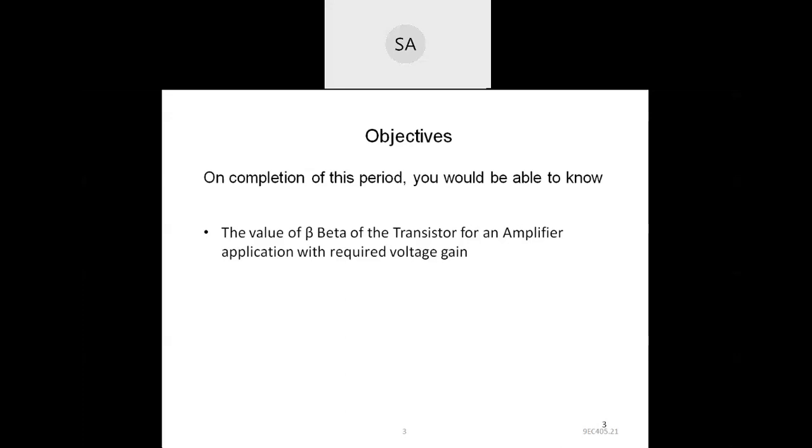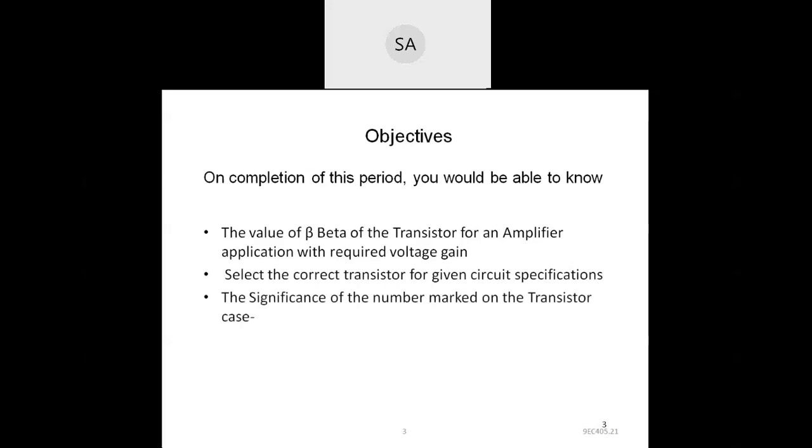Whereas in the common collector current gain, the collector is common to the input and output. So the base is the input junction and the emitter is the output. Here the output current by input current, IE by IB, is gamma. We discussed these three topics in the transistor section, and select the correct transistor for a given output specification. We are going to discuss the significance of the number marked on the transistor case.